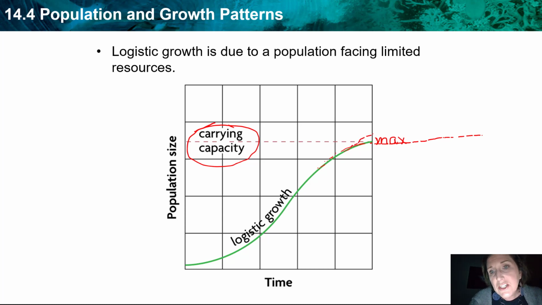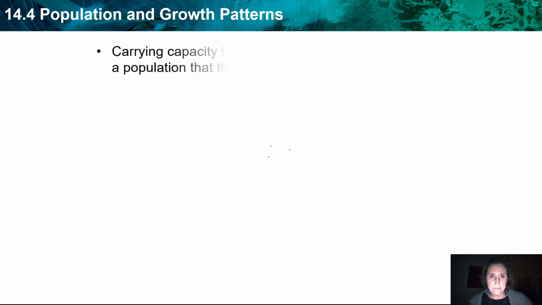But if that population goes above carrying capacity, you're going to see a sharp decline in that population until we get below carrying capacity, and then we can come back up, right? So eventually, organisms are going to get to under carrying capacity and kind of stay there.